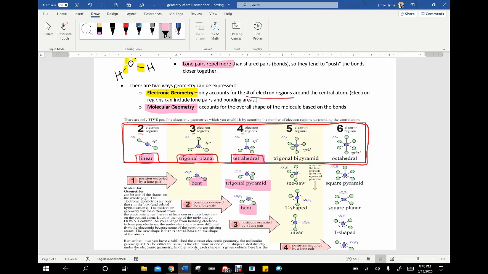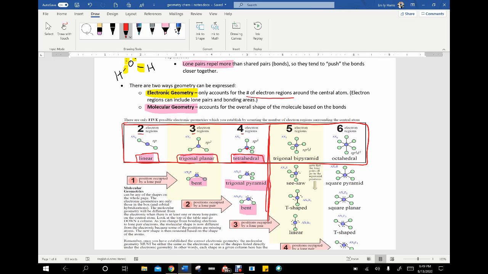And typically, for our purposes in organic chemistry, we'll stay to the left of this line here, so in the 2 regions, 3 regions, 4 regions. And what we're going to be looking at is if there are lone pairs, how do they affect that overall shape? And so let's start with this 4 regions column over here.